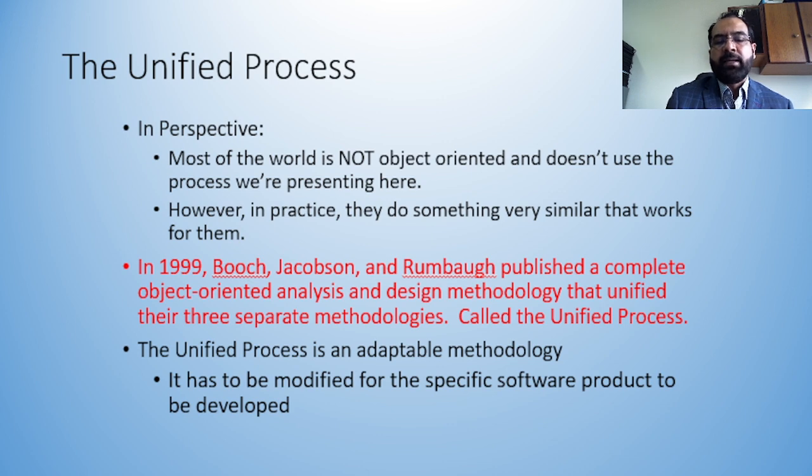So it means the unified process model is an adaptable, acceptable and widely used methodology. It has to be modified for the specific software product to be developed, because we are developing projects of different natures.